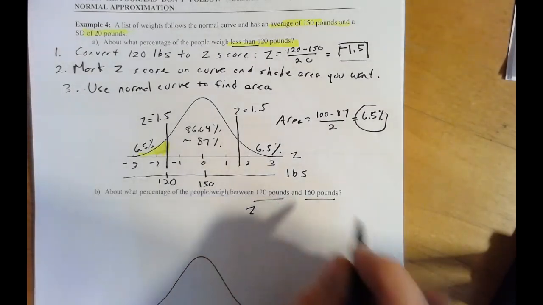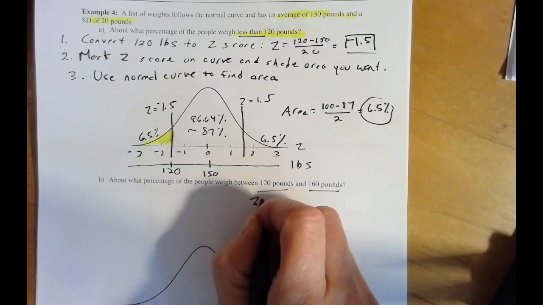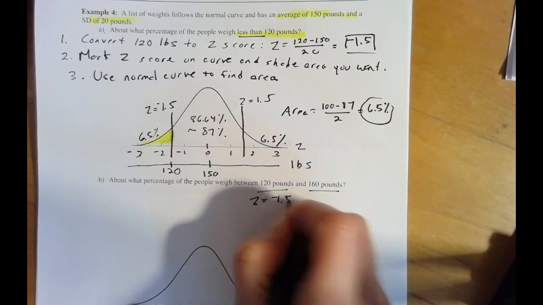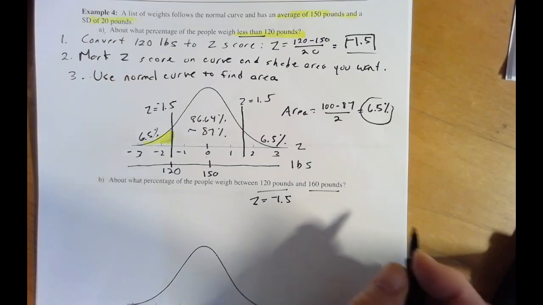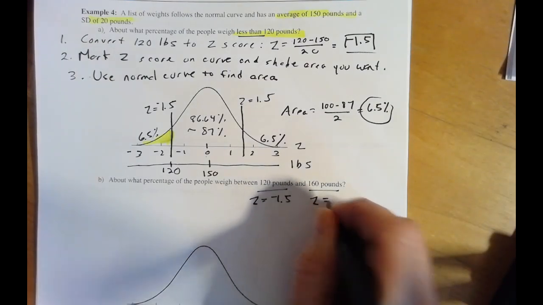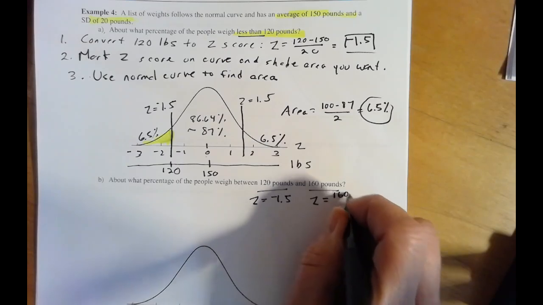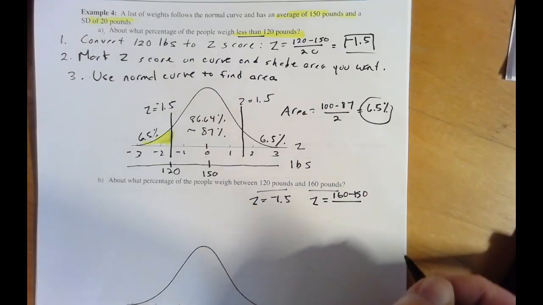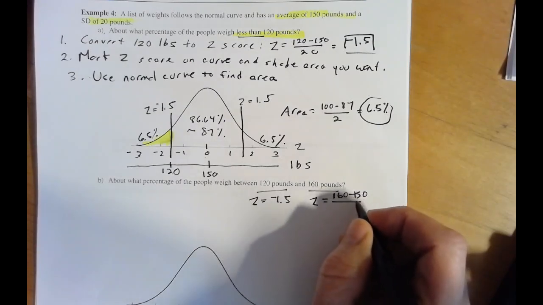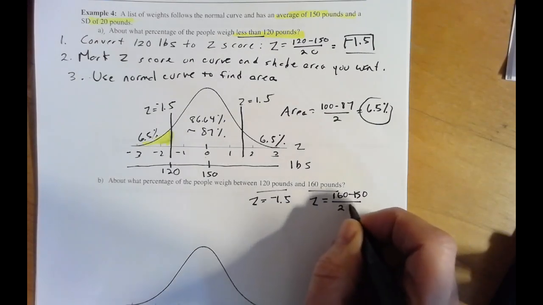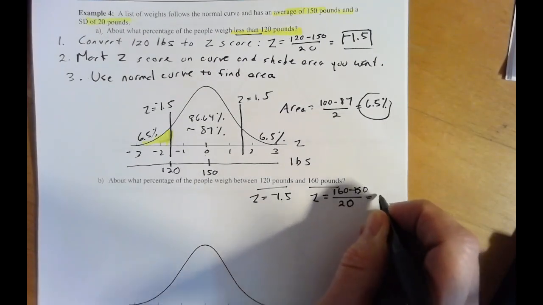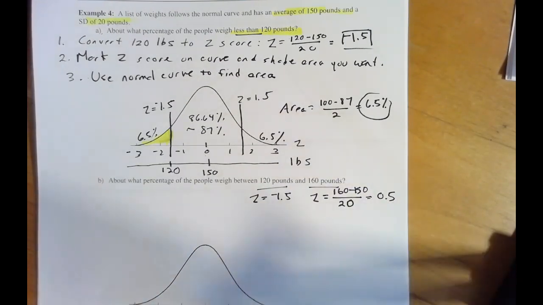We already did this one: z equals negative 1.5. And now let's do this one. So z equals 160 minus 150, we're 10 pounds above. And in terms of standard units, since our standard deviation is 20, that gives us 0.5.